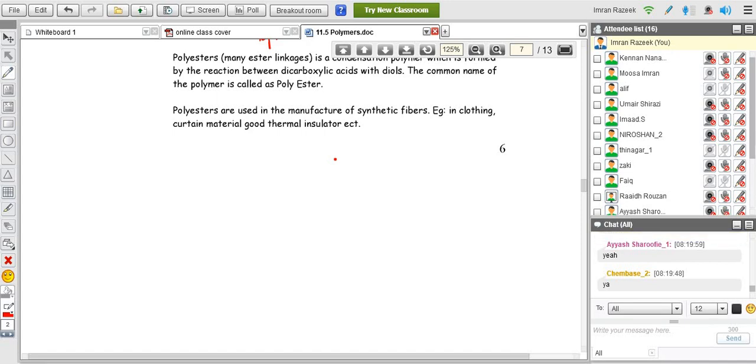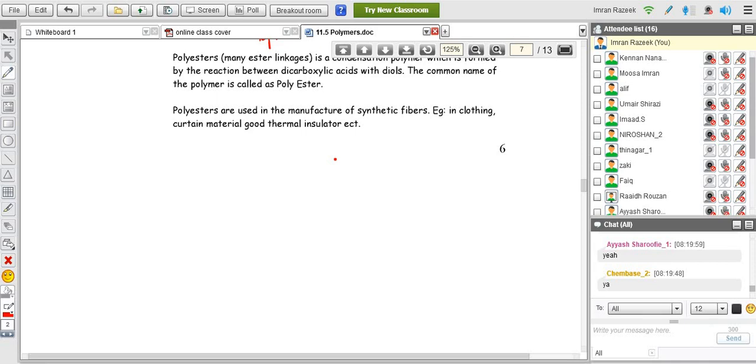That is for the addition polymers. When it comes to condensation polymers, we don't use the name of the monomer when naming the polymer, because there are two or more different types of monomers combined. So what we do is we use the linkage to name it. If there are many ester linkages formed, we call such a polymer a polyester. Polyester means many ester linkages, because we cannot name the polymer based on the monomers, because there's no one monomer.